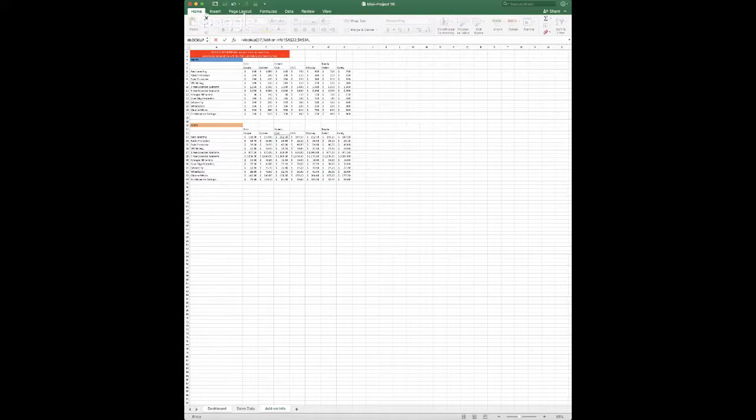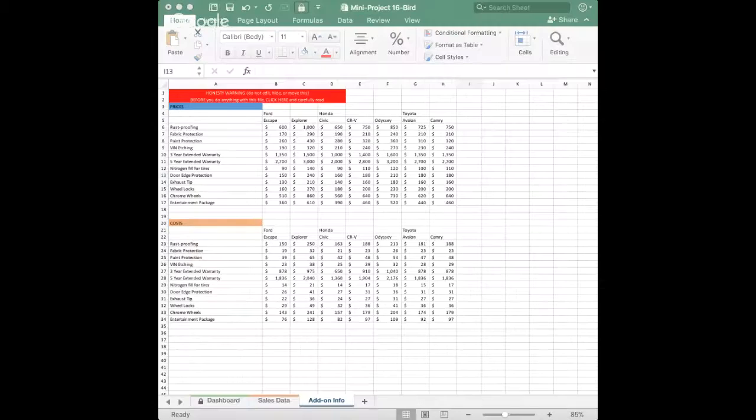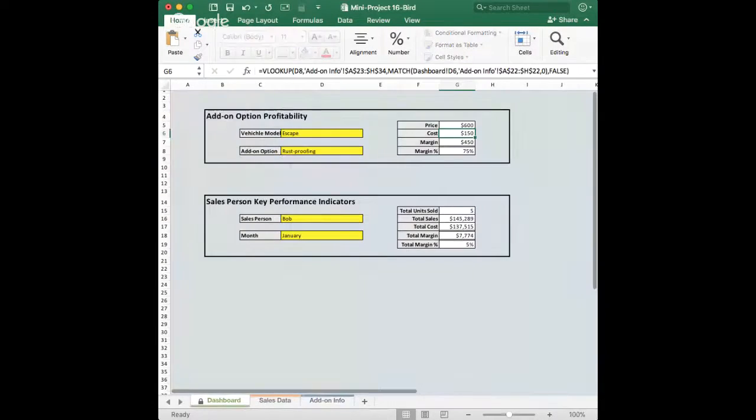Column index number. Wait, what do I do for column? So I do comma and then the parenthesis and then the match, or let me look at it again. After your array, you do comma, MATCH, no parenthesis.